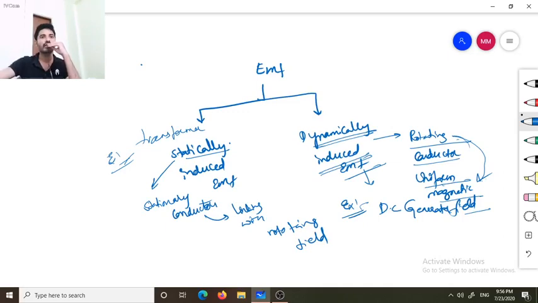By the definition of statically induced EMF, a stationary conductor links with an alternating flux or rotating field, and that type of EMF is called a statically induced EMF. In a transformer, the stationary conductors link with an alternating flux, because we are giving an AC supply.